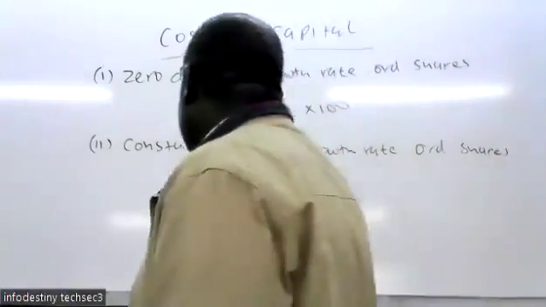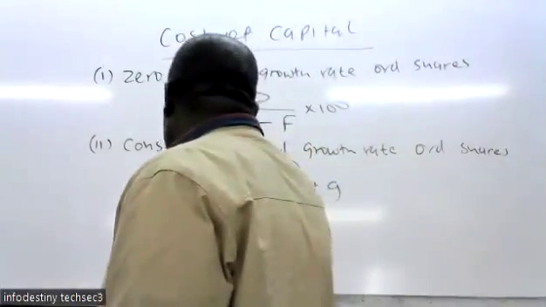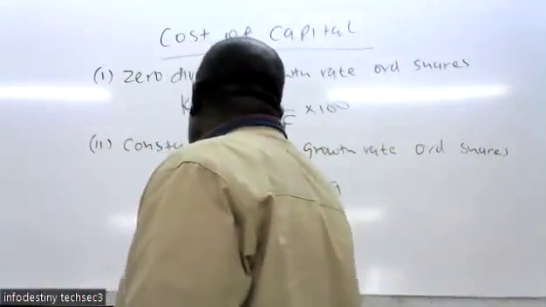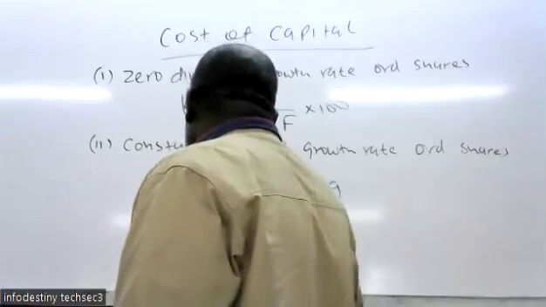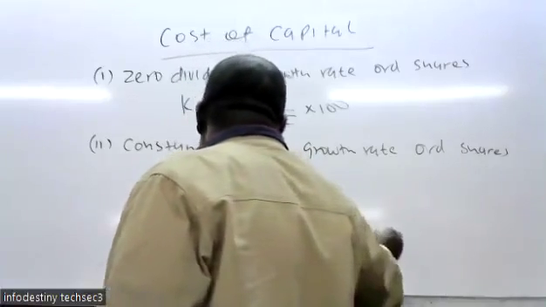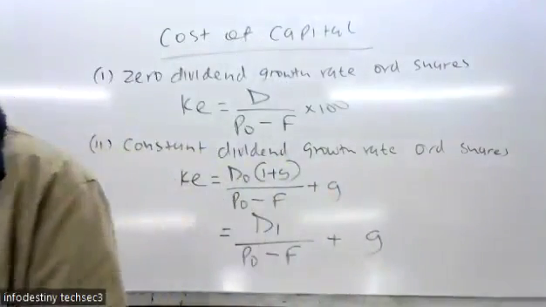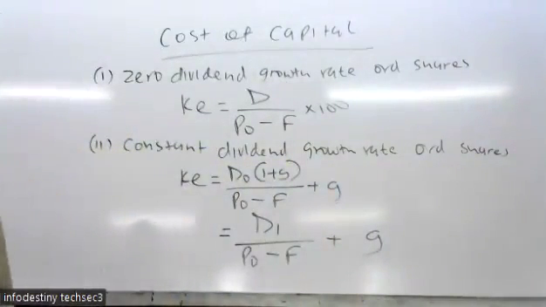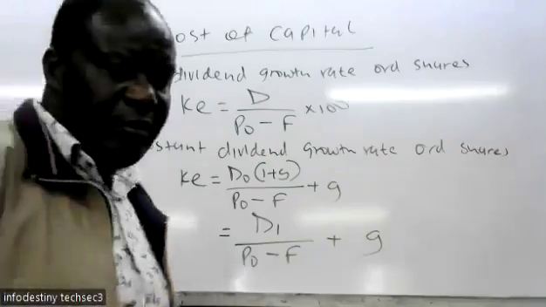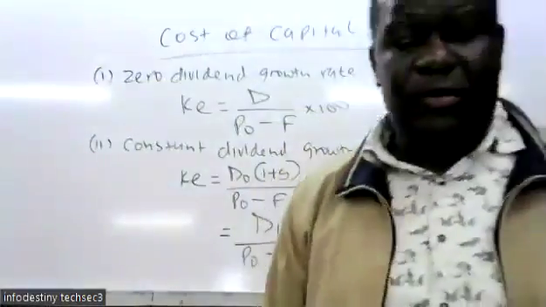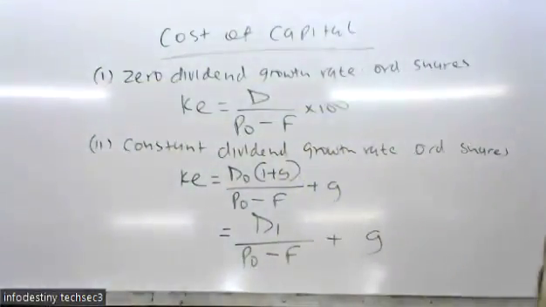Finally, it is the same as D1 divided by P0 minus the flotation cost, then we add g. That will be how to compute the cost of the ordinary share with a constant dividend growth rate.